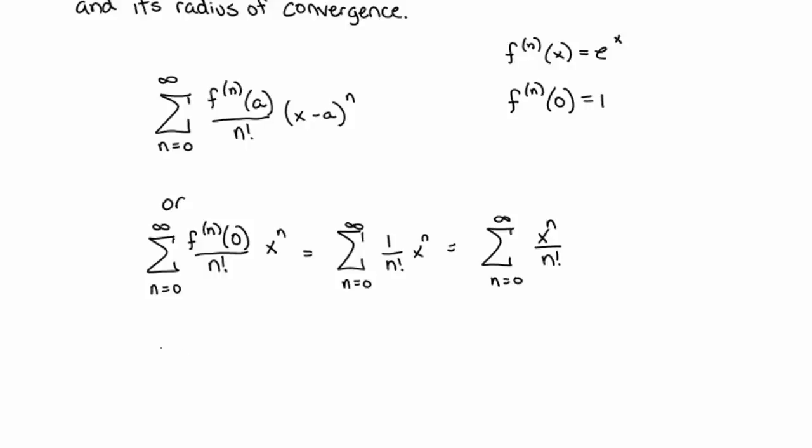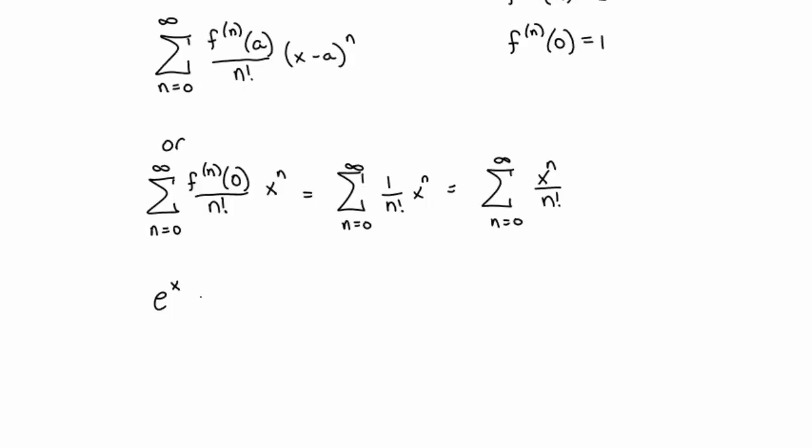That is e to the x as far as we know right now, and when I say we know, I mean as students. If we can somehow show what we want to eventually show, that this is equal to the summation n equals 0 to infinity of x to the n over n factorial, which, when you plug in 0, you get x to the 0th over 0 factorial. 0 factorial is defined to be 1, plus x to the first over 1 factorial, plus x squared over 2 factorial.